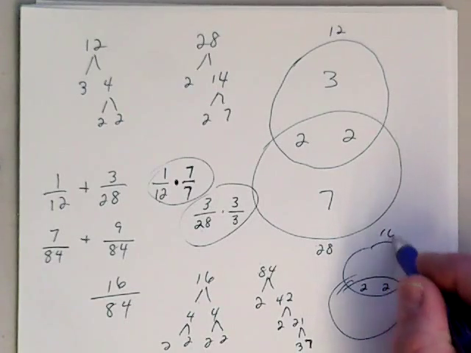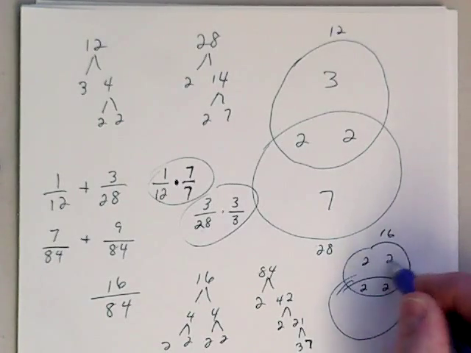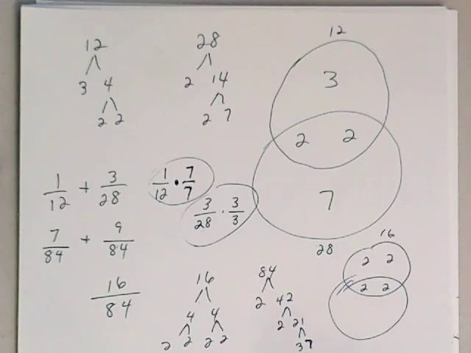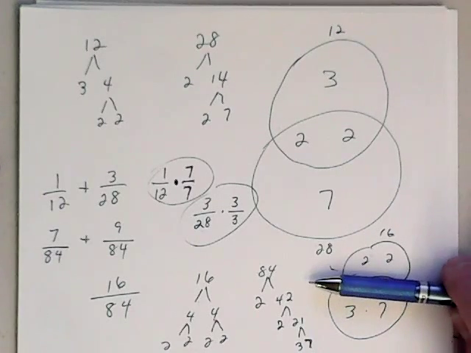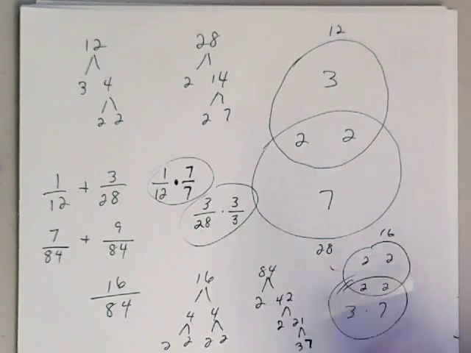In the 16 up here, I have a 2 and a 2 again, and I use these 2's, and I've got a 3 and a 7. Well, if I cover this up, I get 2 times 2 over 3 times 7, which is 4 over 21. That's my simplified fraction. See how these things can really be useful, and I get a way to not have to do a lot more math.